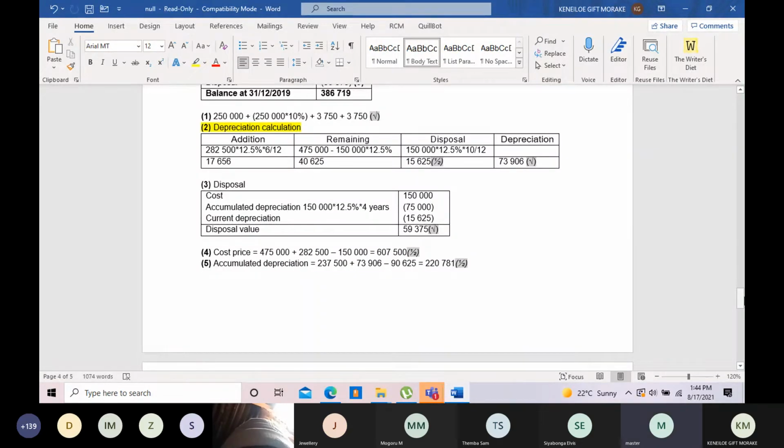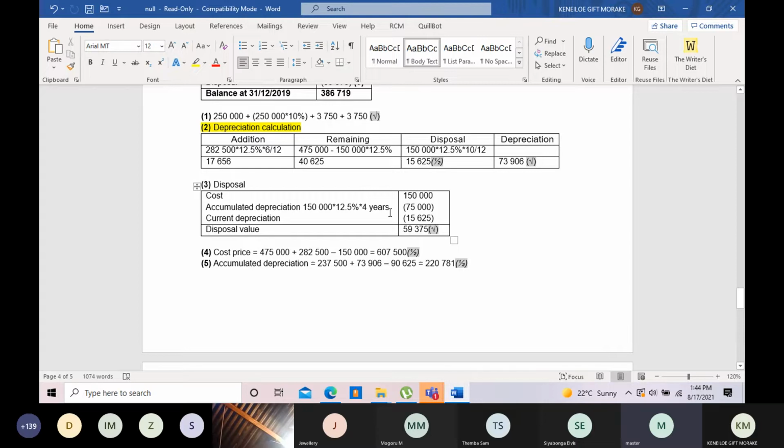All right, so now we have the disposal cost price of 150,000 given. For the accumulated depreciation for the disposal, you say 150,000 multiplied by 12.5%, multiplied by 4 years. This is the 4 years that we are calculating.